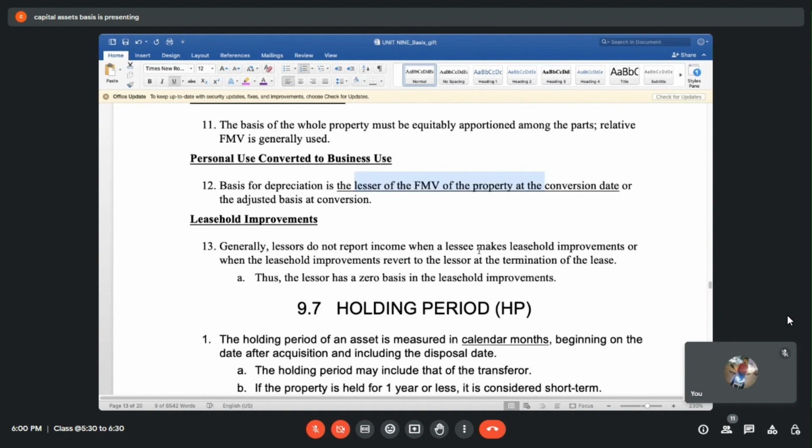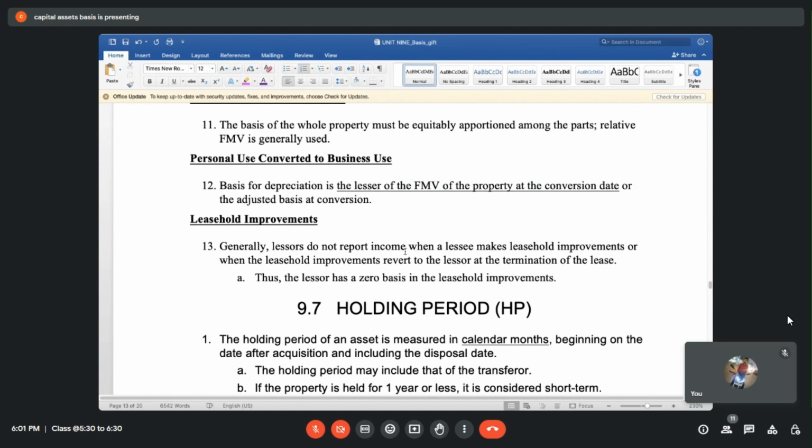Any leasehold improvements, leasehold meaning any rental property. Generally, if the tenant comes and says, I don't like this washing machine that you have, I'm going to put my own brand, that doesn't become income to the landlord. Maybe the tenant will leave it there and go back, but that's their choice.